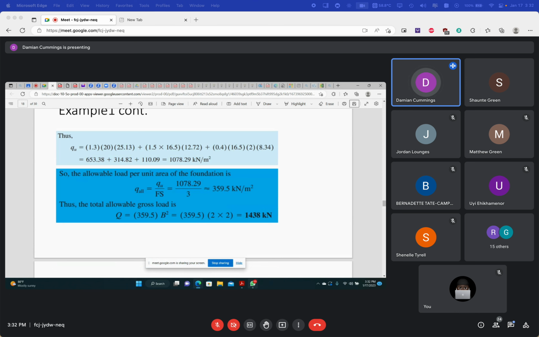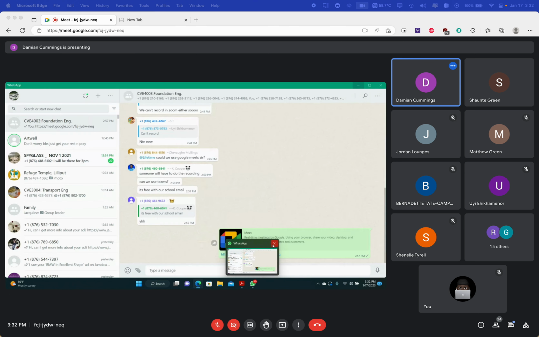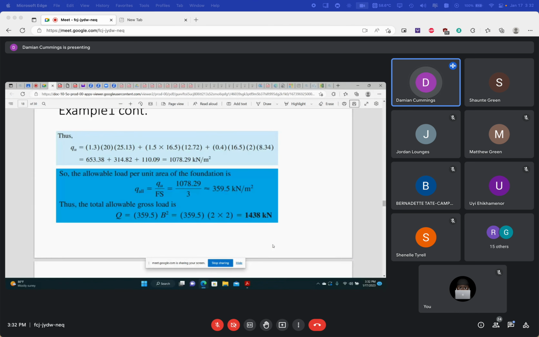And if we look at the allowable load per unit area of the foundation, q allowable is equal to qu over FS. And so we have 359.5 kilonewtons per meter square.